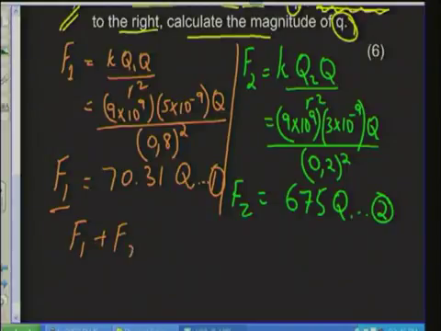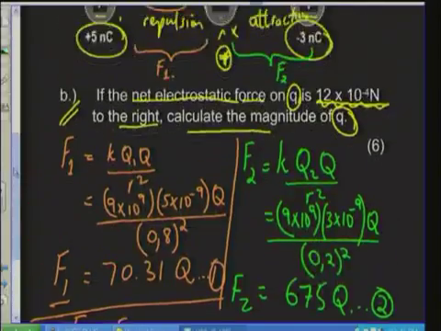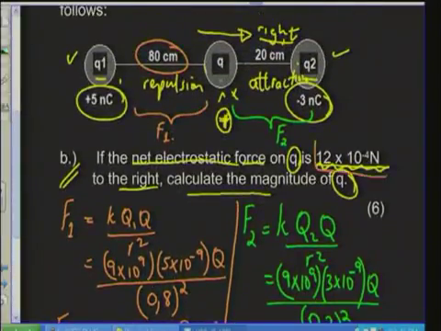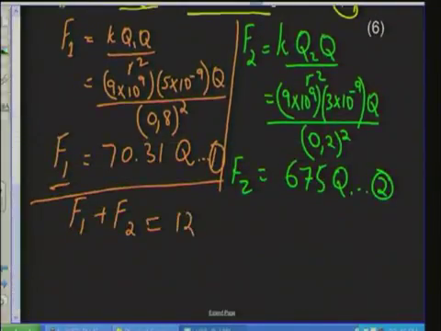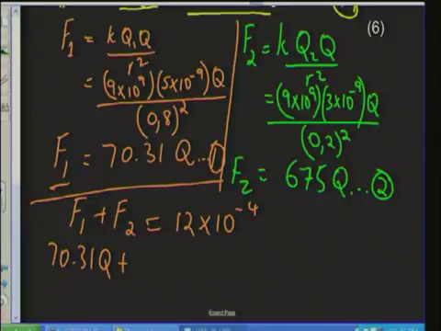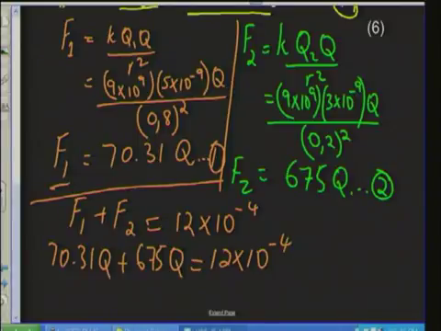Now, F1 plus F2 is equal to the resultant, which is 12 by 10 to the power minus 4. But what is F1? F1 is 70.31 Q, plus F2 is 675 Q, equal to 12 by 10 to the power minus 4.